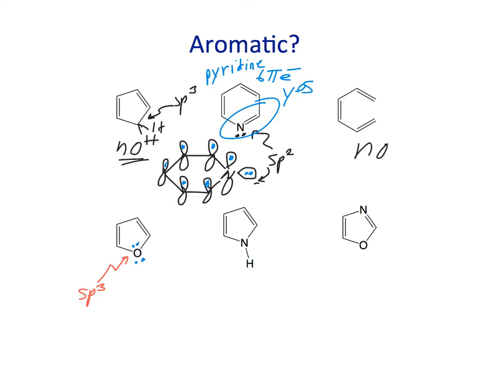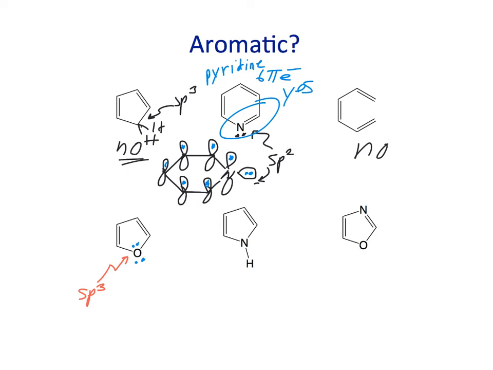Even though we would normally think that oxygen would be sp3, if it rehybridizes to sp2, it can put one pair in the sp2 hybridized orbital, just like pyridine did, but it can have the other pair in the p orbital, and then the pi system has 6 pi electrons in it, making it aromatic.